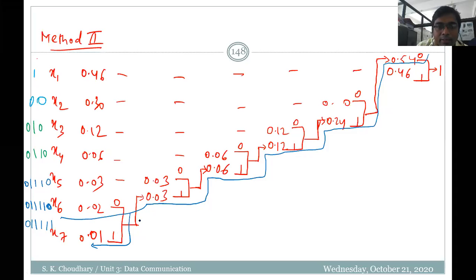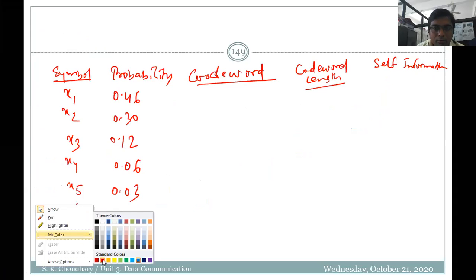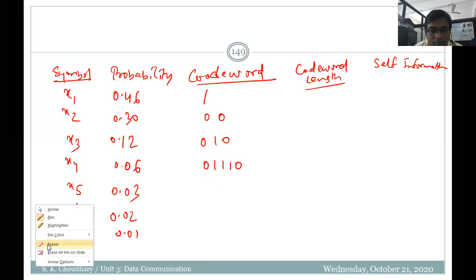So I am going to write this on the table that we have taken. Now here x1 is 1, x2 is 0, 0, x3 is 0, 1, 0, x4 is 0, 1, 1, 0.